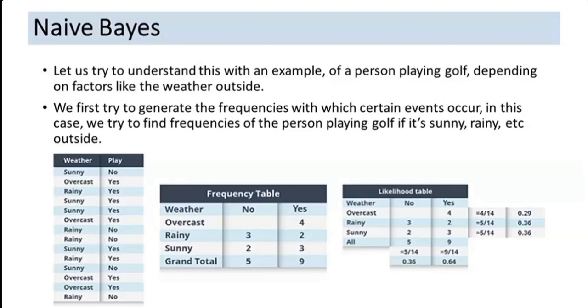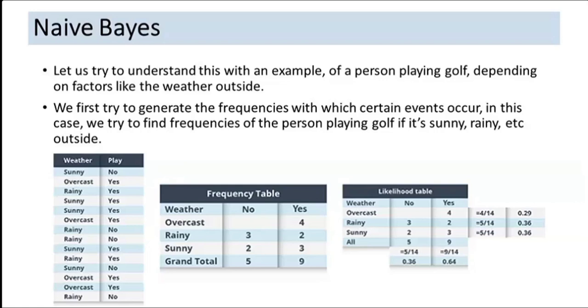Out of 14 total occurrences, no occurs 5 times, so 5 by 14, that is 0.36. The total occurrences of yes are 9 by 14, that is 0.64. For the overcast weather, the probability of yes or no is 4 by 14.